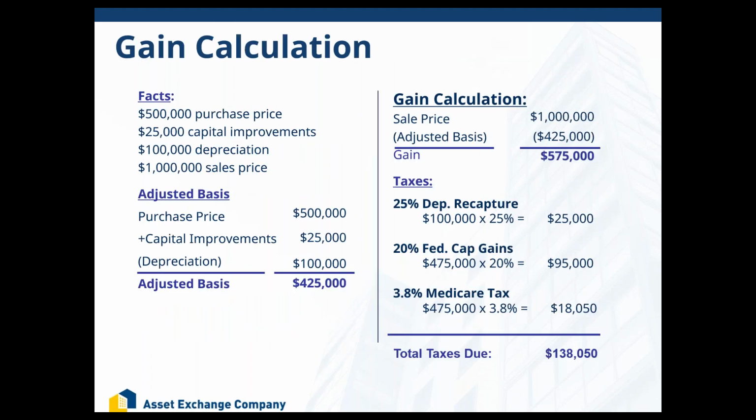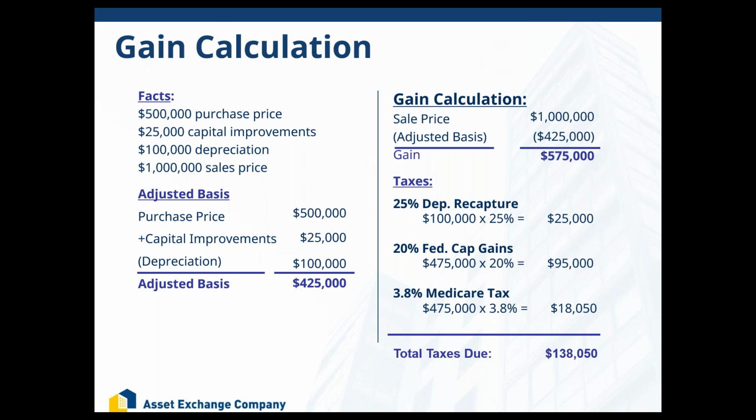Now, let's talk a little bit about how you calculate what the taxes are. This is typically done by a CPA, but I'm just going to walk you through a really quick example to give you an idea of what potential taxes could be. In our example, we originally purchased our property for $500,000.